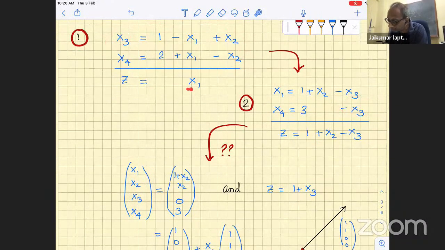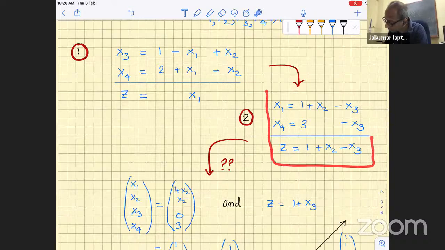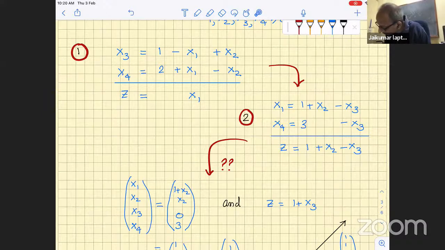And similarly, for this x1, we are supposed to substitute 1 plus x2 minus x3. Okay. So you understand we are in this situation, and it looks like we can make further progress by increasing x2. This is the same LP as the previous LP, just written in terms of different variables.